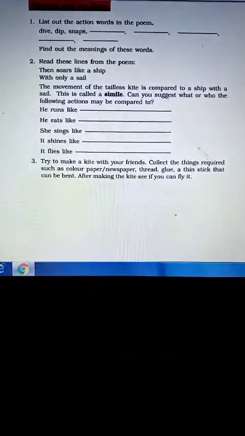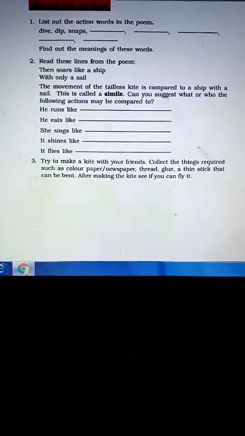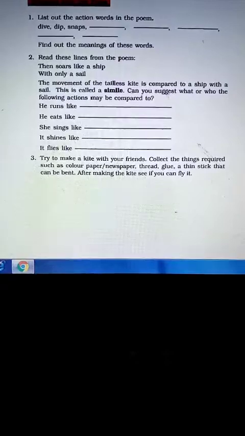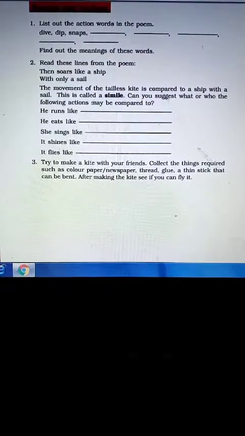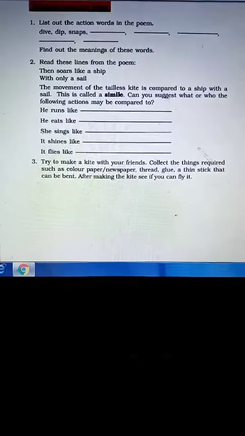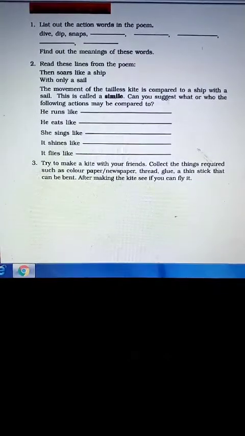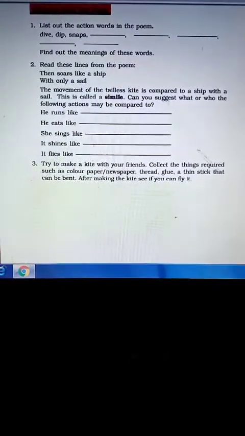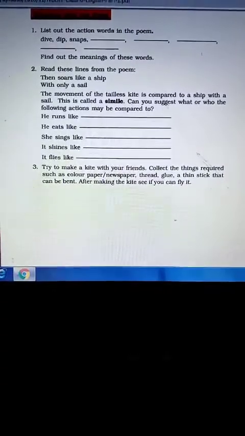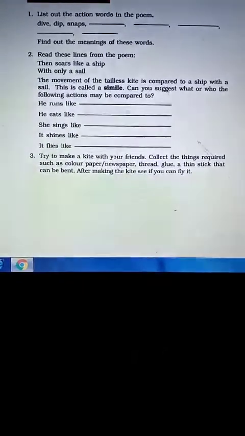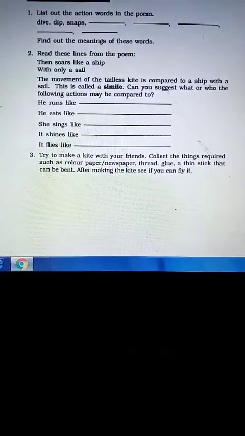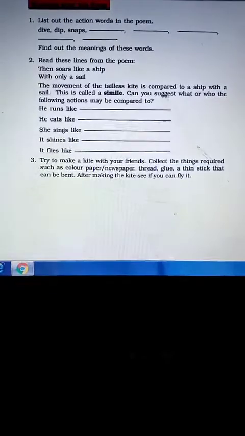And now we have to cite some examples for simile. The movement of the tailless kite is compared to a ship with a sail. It is called a simile. Can you suggest what or who the following actions may be compared to? He runs like. What do you think? He runs like a cheetah or a deer because they are fastest of all.